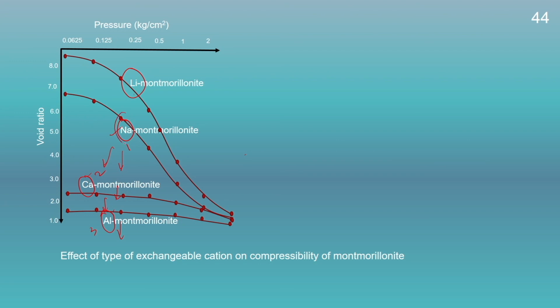Now, if we compare between sodium and lithium, since lithium has a lower size in comparison to sodium, it will have a higher diffuse double layer thickness in comparison to sodium. Therefore, it will have a higher value of void ratio in comparison to the sodium montmorillonite.